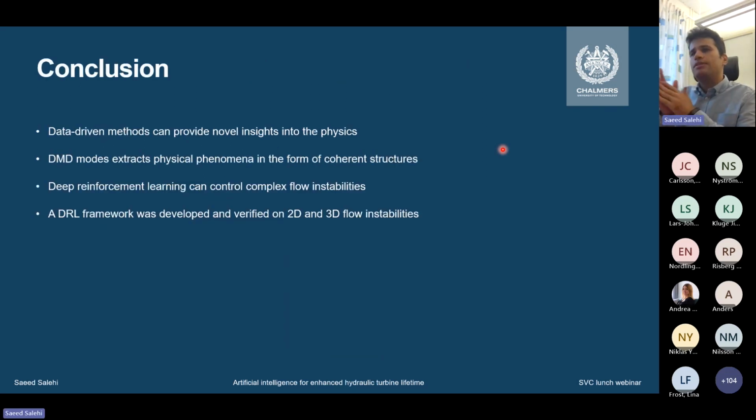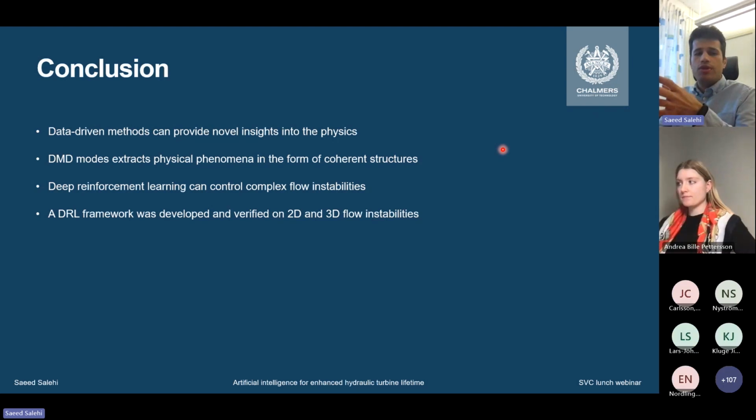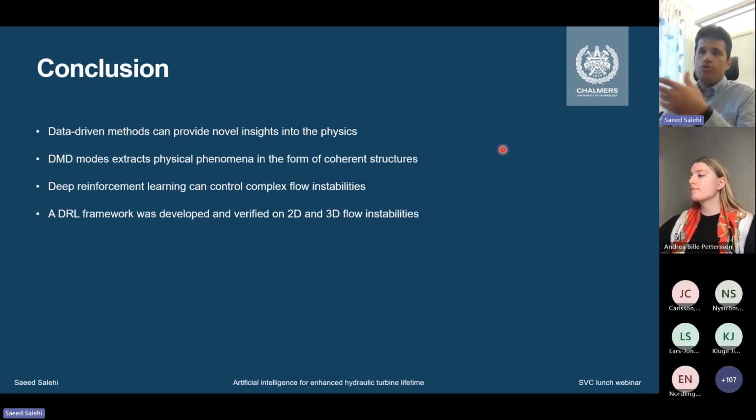To conclude, the data-driven methods can provide novel insights into the physics. Specifically, I used DMD, and I was able to extract physical phenomena in the form of coherent structures and answer some questions that were unanswered before this kind of analysis, for instance, the origin of specific frequencies.